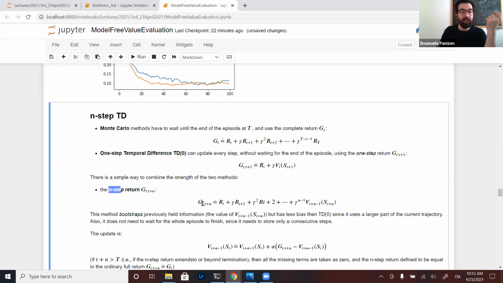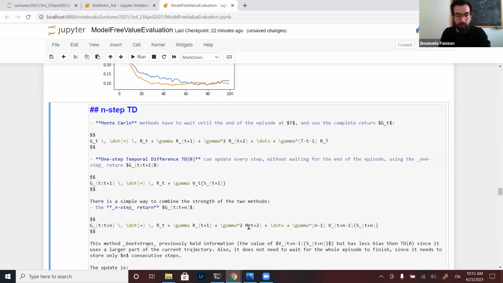The n-step return is something in between Monte Carlo and temporal difference. For example, the n-step return G_{t:t+n} takes the first n steps of experienced reward: the instantaneous reward, plus gamma times the discounted reward. Again, I apologize.